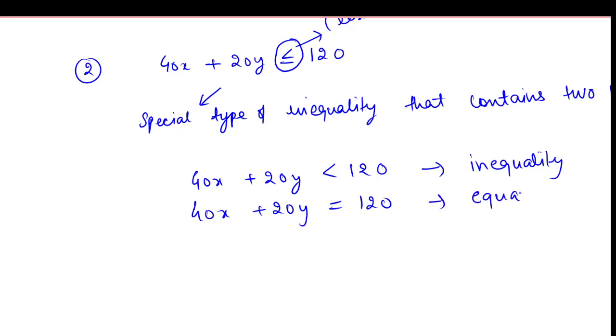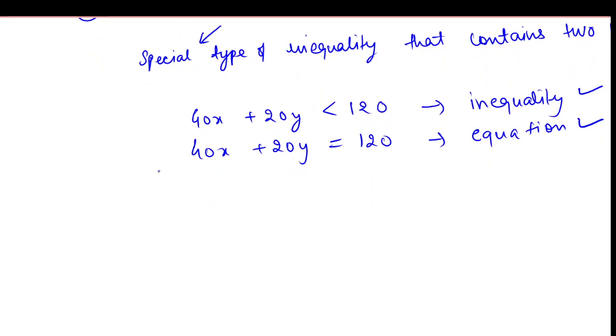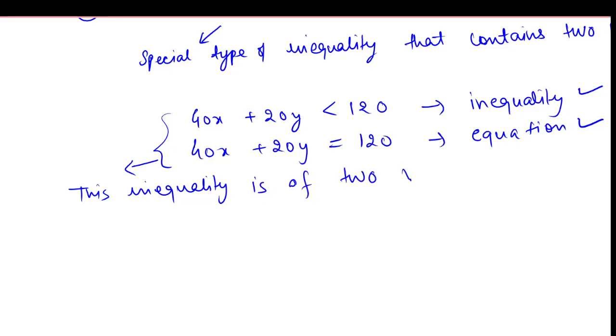So this type consists of an inequality and an equation. And this inequality is of two variables, x, y.